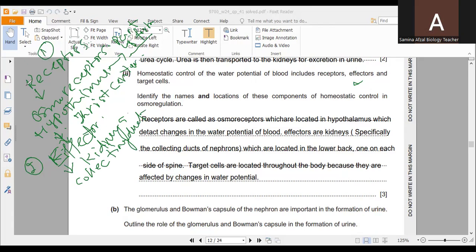The kidneys are located in the lower back, one on each side of the spine.